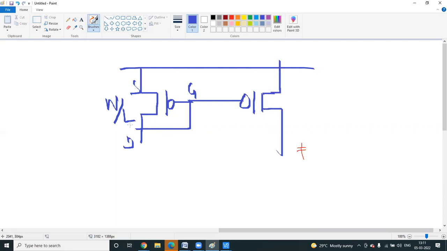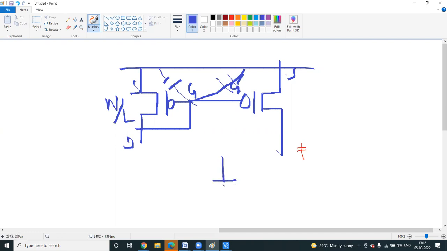Gate and drain we have shorted, that is easy. If you see this point, and this point, gate source, if you short this point, this is in parallel.